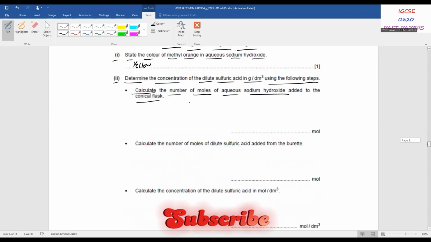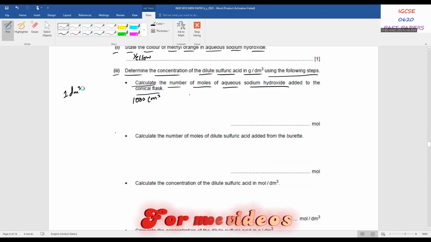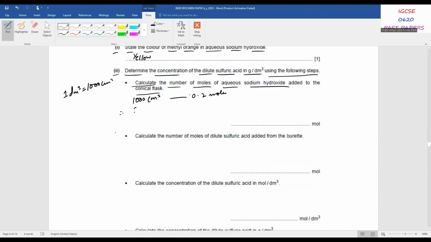So you write 1000 centimeter cube, because we know 1 dm cube is equal to 1000 centimeter cube. 1000 centimeter cube contains 0.2 moles. Therefore, 25 centimeter cube contains x moles. So x will be 0.2 multiplied by 25 divided by 1000. So the answer will be 0.005 moles of sodium hydroxide.